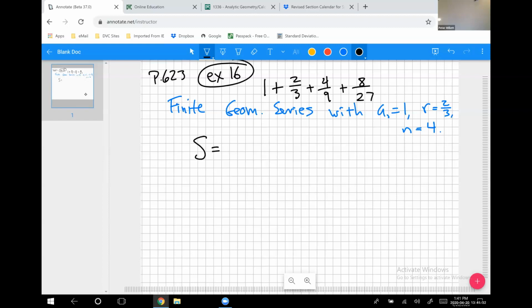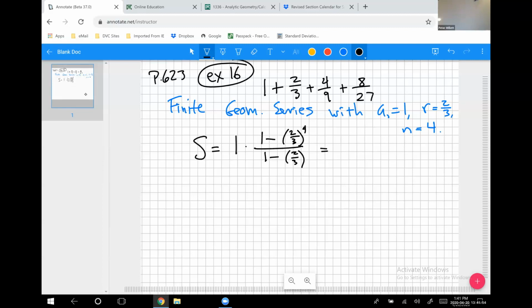I would use a sub 1, which is 1, times 1 minus the r value to the nth power, over 1 minus the r value. So I don't know what this gives us. Some number.